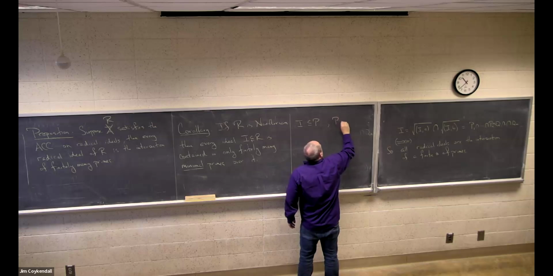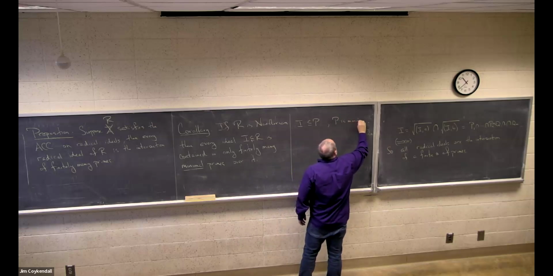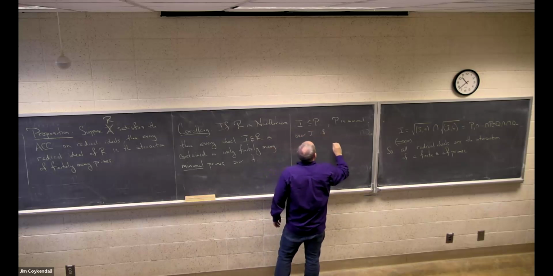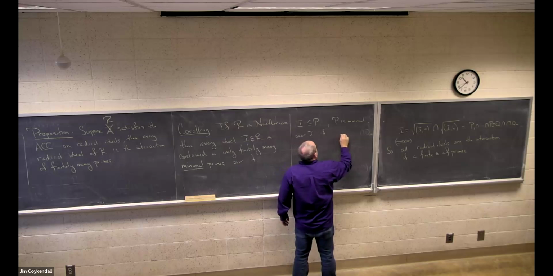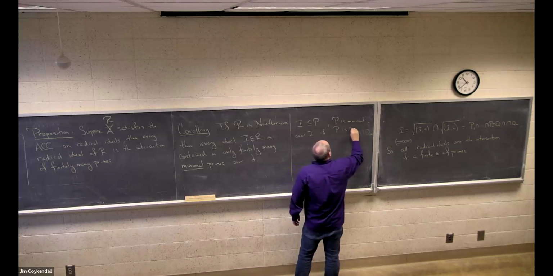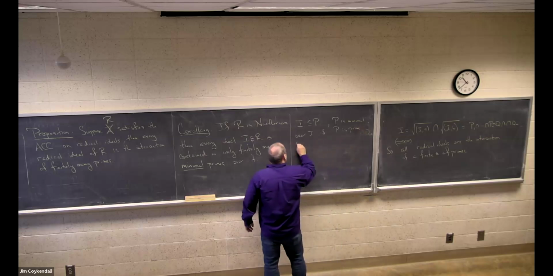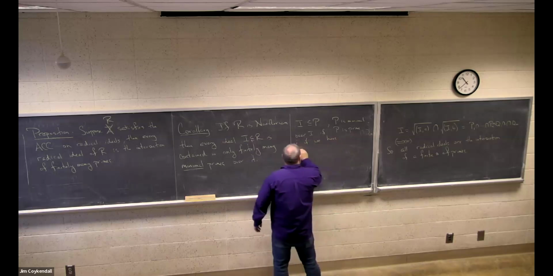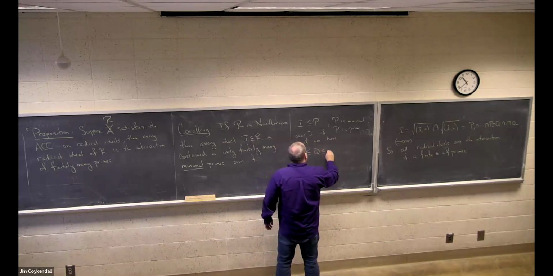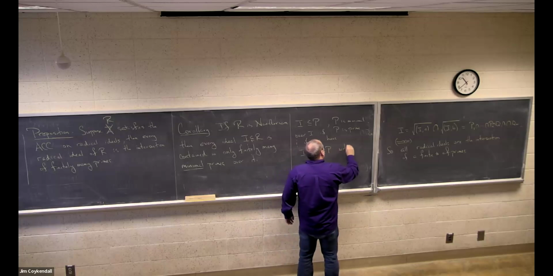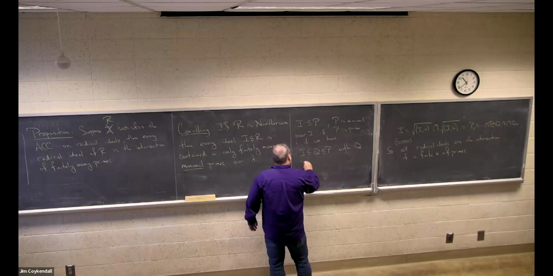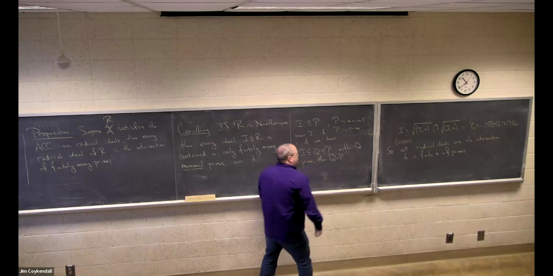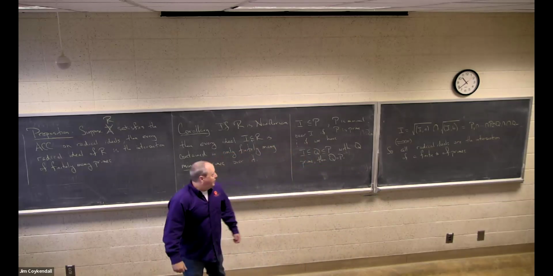A prime Q is minimal over I if I is contained in Q, and if we have another prime Q' with I contained in Q' contained in Q, then Q' equals Q. So that's what I mean by minimal.